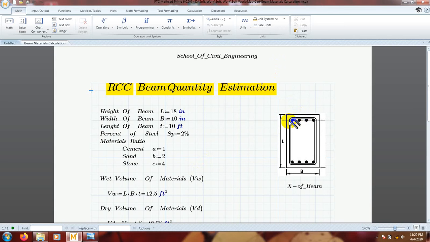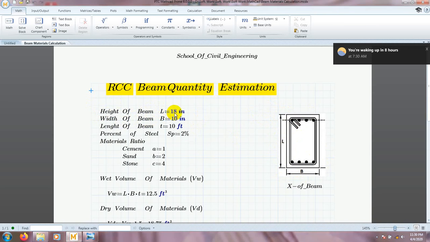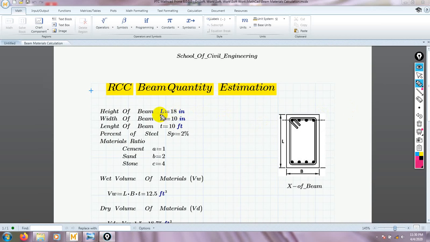Here is our beam cross section, and here we'll estimate the RCC beam quantity. Suppose this is the cross section of our beam, and its width we'll consider as B, and height as L. We have considered the cross sectional height L equal to 18 inch, from top to bottom.